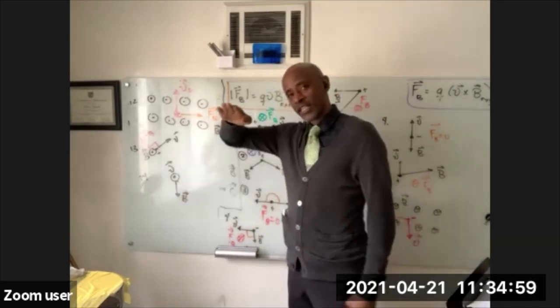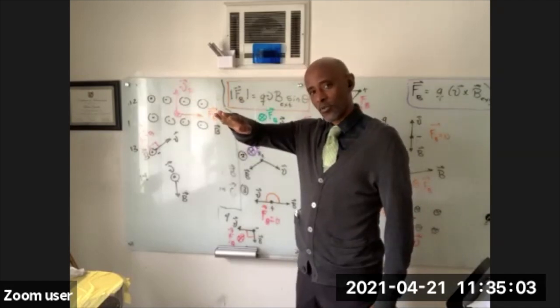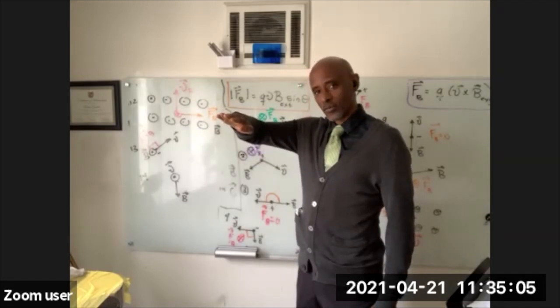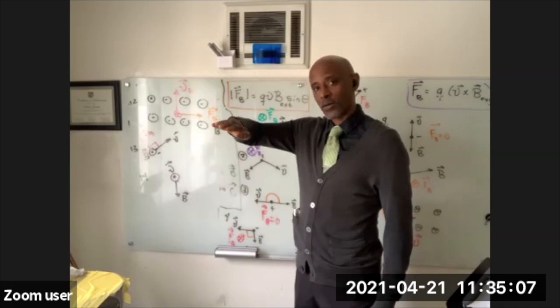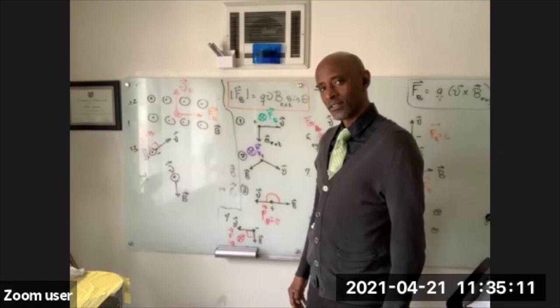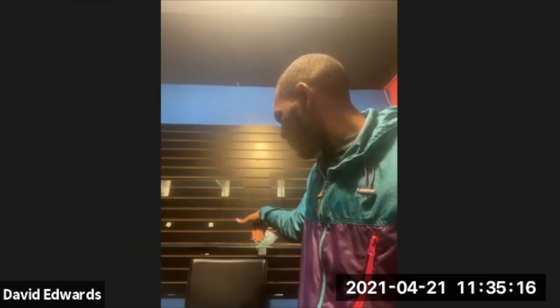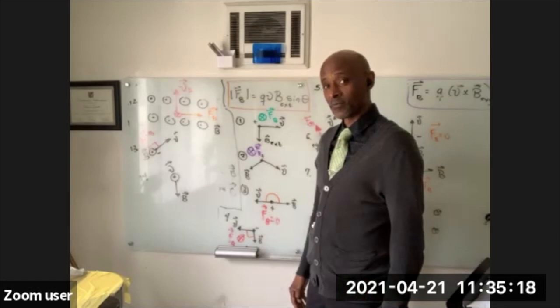Now, B is pointing down. So you have to orient your hand and wrap your fingers so that they're parallel to B, pointing down. Good. Now point your thumb. What direction is that? No, what direction is your thumb?